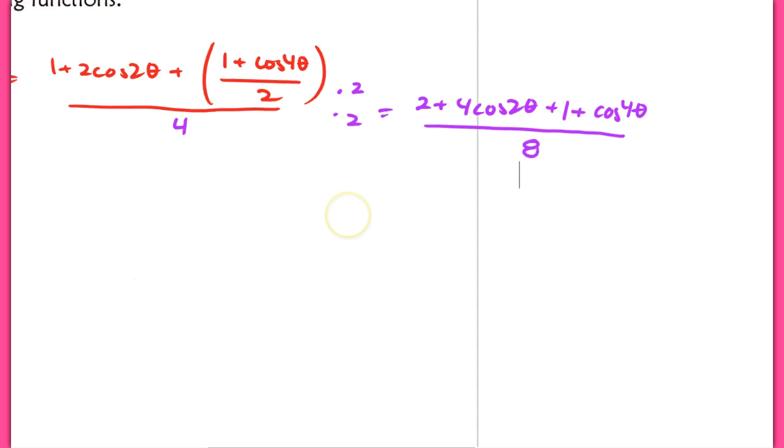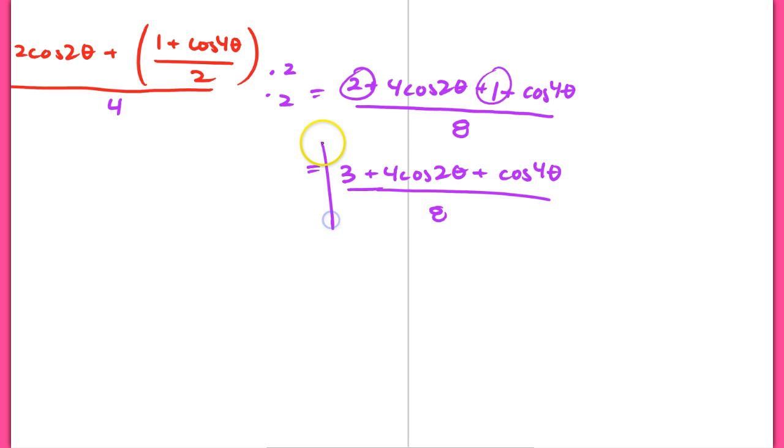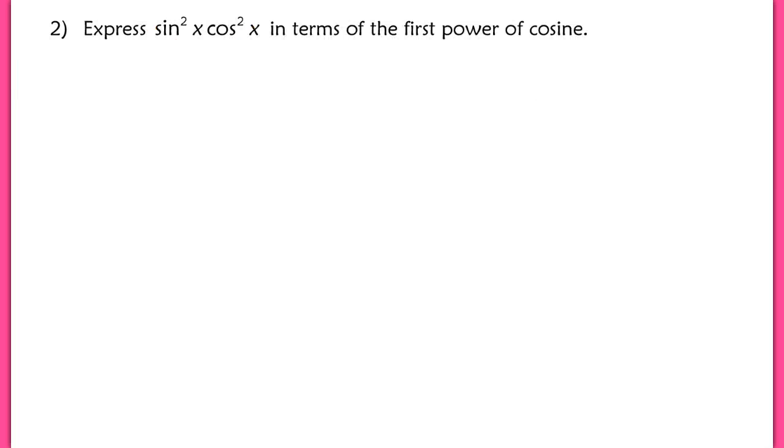Then simplifying here, the only terms that can simplify are the 2 and the 1, to give me 3 plus 4 cosine 2 theta plus cosine 4 theta, all over 8. So this is how I can reduce that power of that trig function by just using manipulations of my double angle formula.